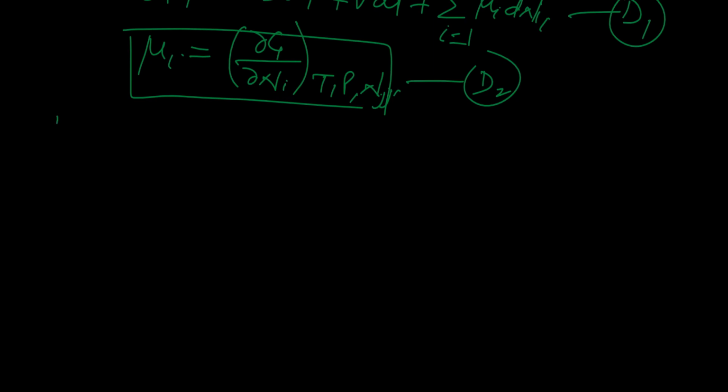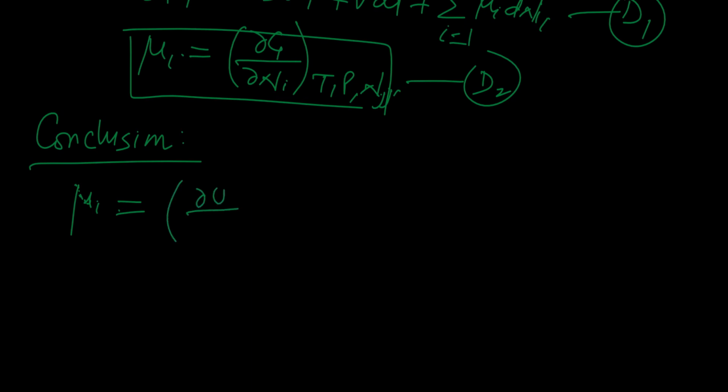We conclude that the chemical potential mu i is equal to del U by del Ni at constant S, V, Nj.